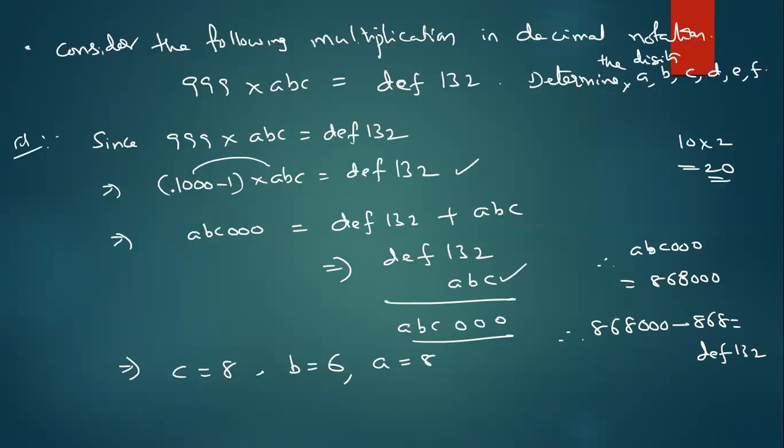Multiplying these numbers, 1000 into ABC is ABC000. Minus ABC is there still. Minus ABC transposed to the right-hand side gives plus ABC. DEF is equal to 867, sir. Now see, is it okay?